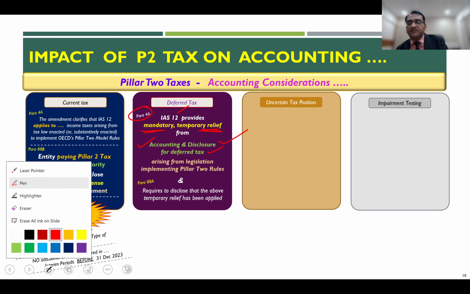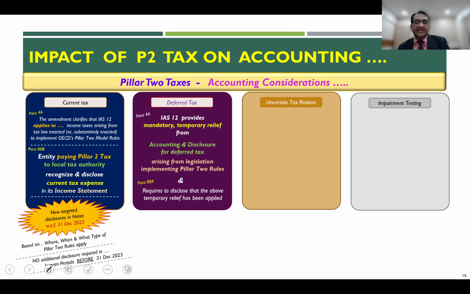What does it mean? It simply means that the amended requirement in IAS 12 is that there is a temporary relief from both the disclosure and accounting related to deferred tax.